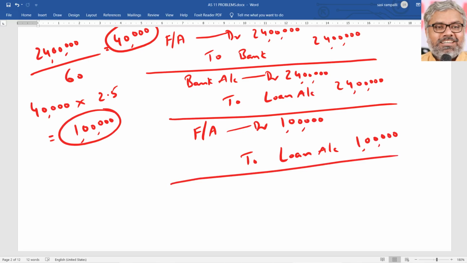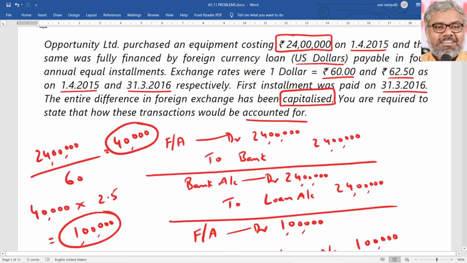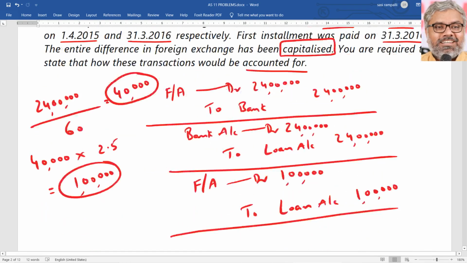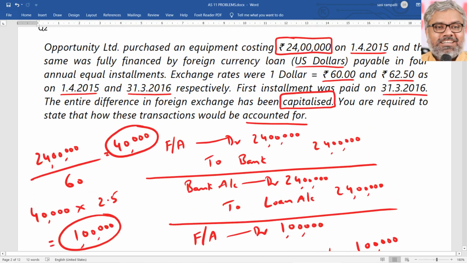Now onwards, fixed assets will be depreciated not on their original cost of 24 lakhs, but on the now revised value of 25 lakhs. We are not given all those things, but just for understanding purposes, because it is only asked how these transactions would be accounted for, an open-ended question, imagine these fixed assets also have the same life of 4 years.